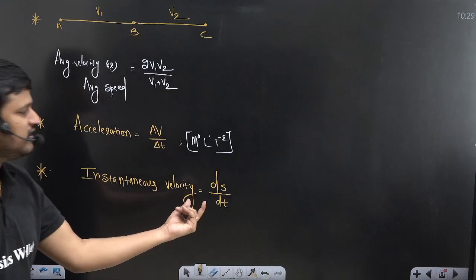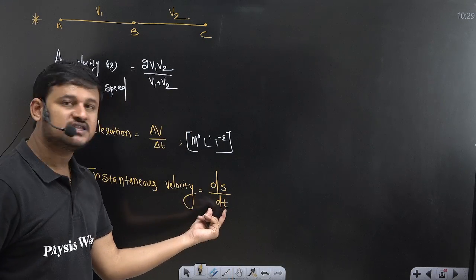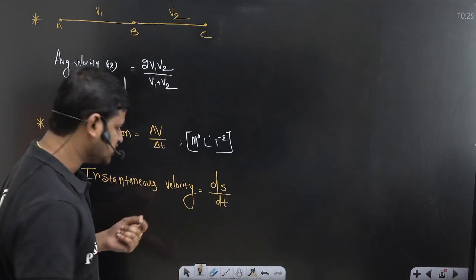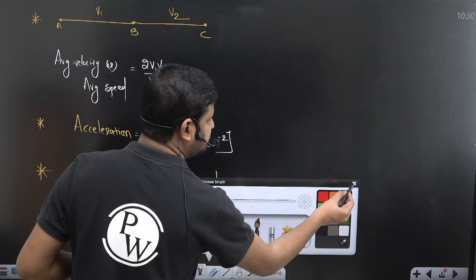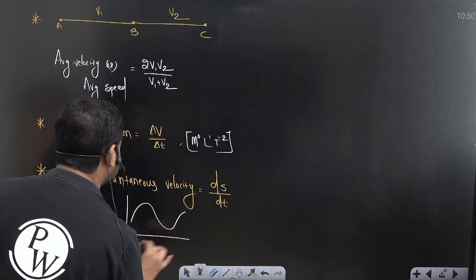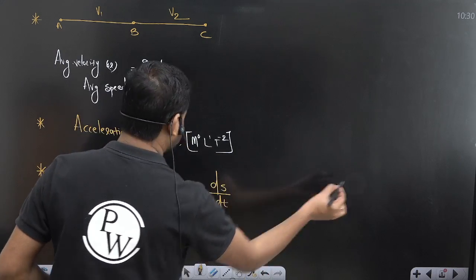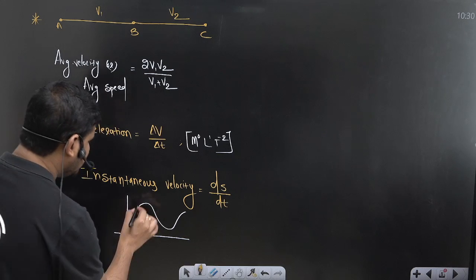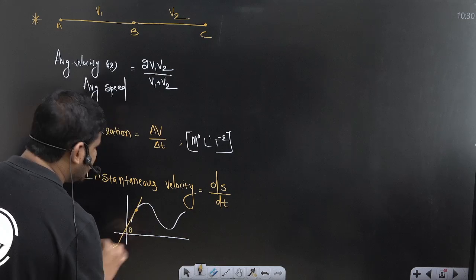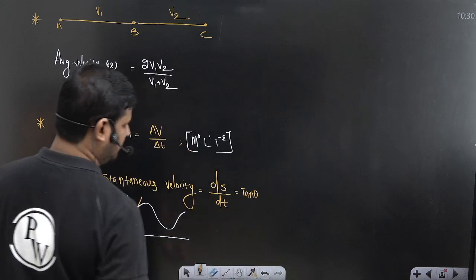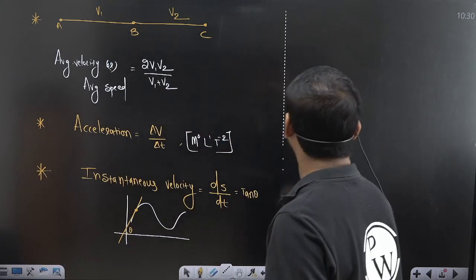The slope of the st curve results in the instantaneous velocity. If the displacement versus time graph is given, and at any instant you require the velocity, just draw a tangent at that point. Let's suppose the tangent makes angle theta, then the slope is equal to tan theta, right? This also we discussed clearly.